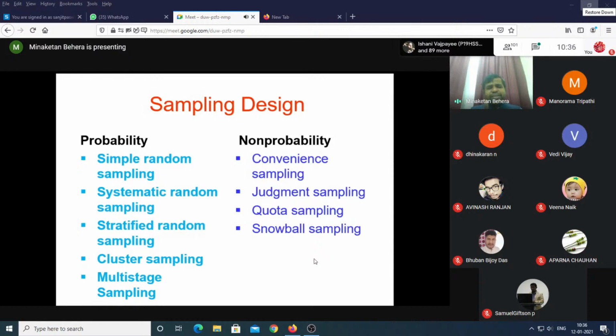Then you select one cluster from the total area, and whatever samples are there, you select all of them as your sample. This is what we call cluster sampling.